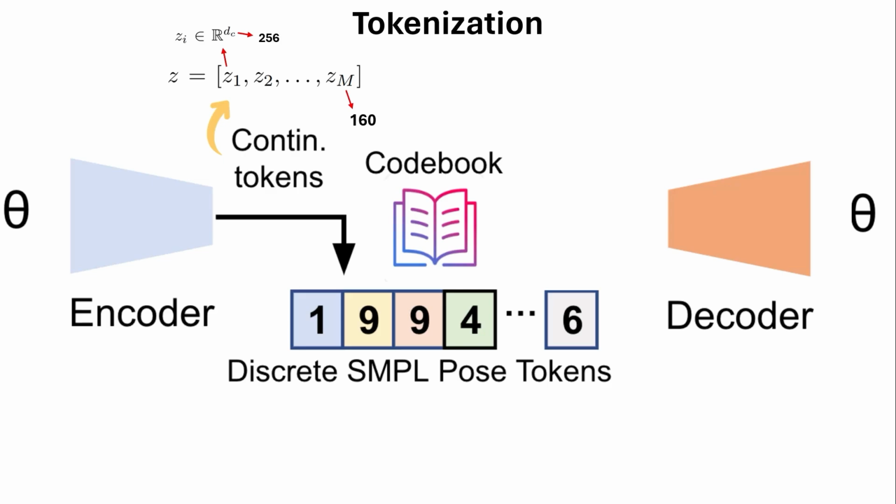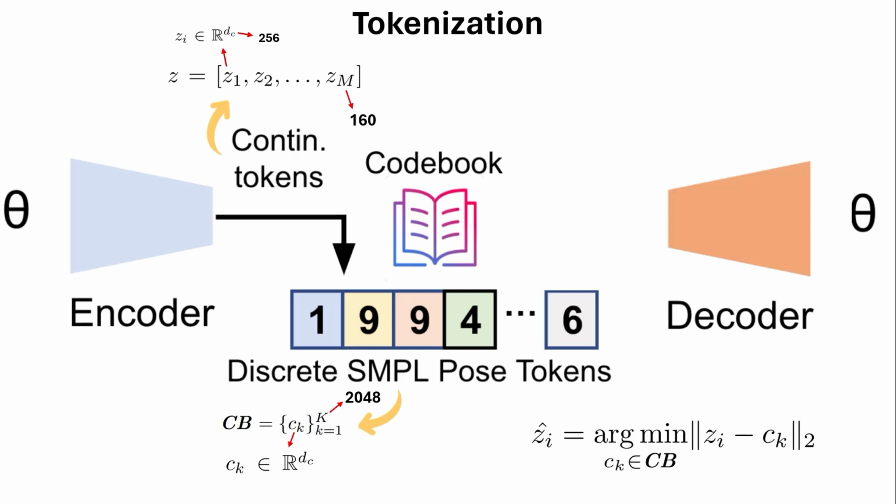The codebook is again a set of vectors, where this K is 2048. So I have 2048 different vectors, and each vector again is DC-dimensional. So in the codebook, I have 2048 different tokens, each 256-dimensional again. Once I have the output of the encoder, I use this formula: as you can see, it picks each one of the outputs of the encoder, Zi, and takes the distance between Zi and each of the vectors in the codebook.